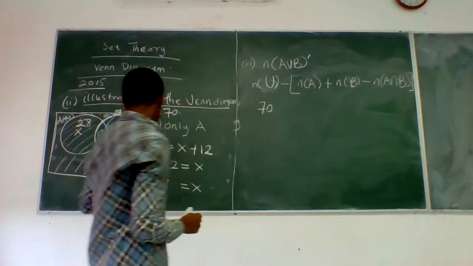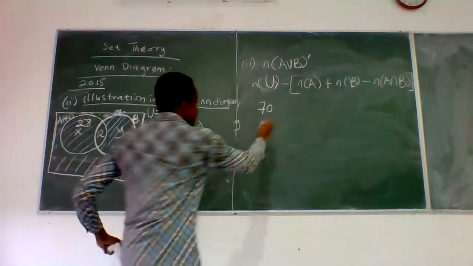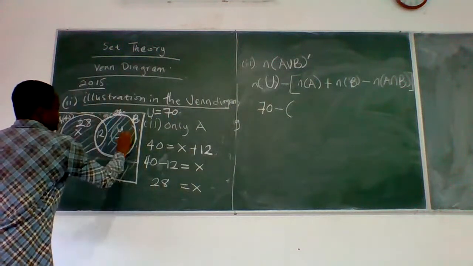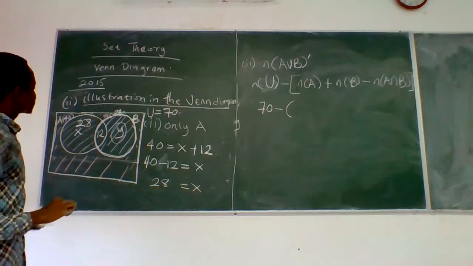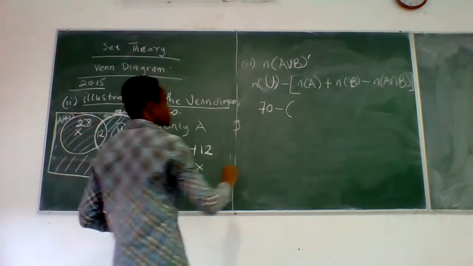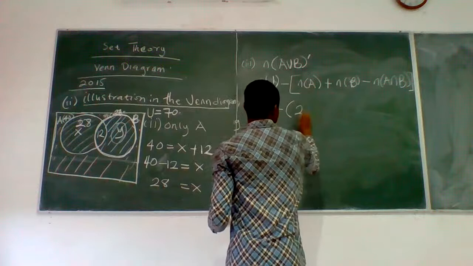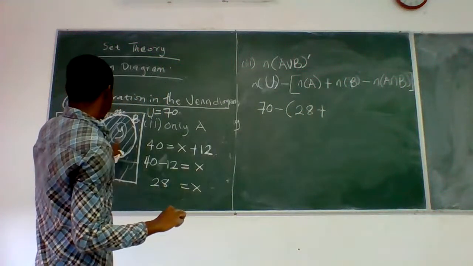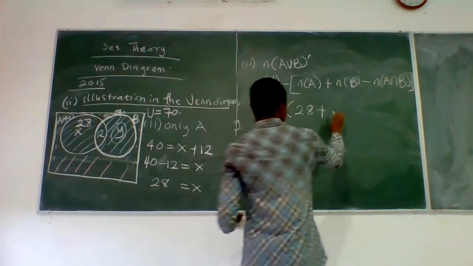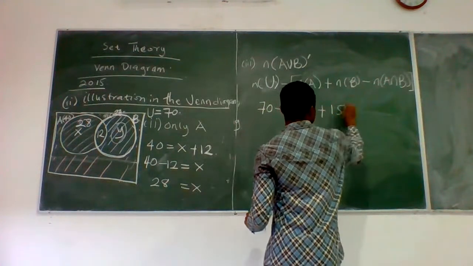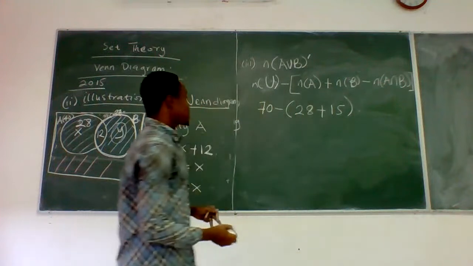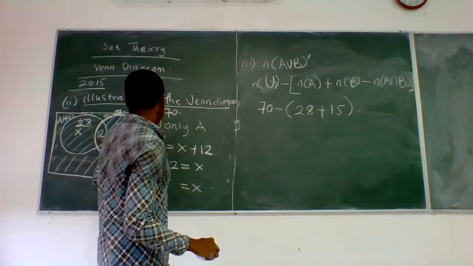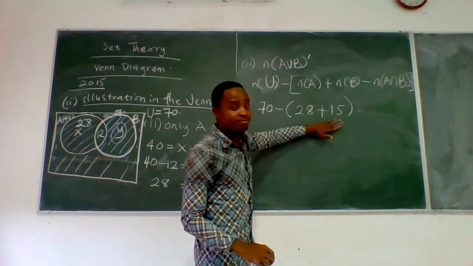So with our scenario, you add the number of students in A only, which is 28, plus the number of students in B only, which is 15. We add 15 because this one has been taken care of. We've subtracted 12 from it already, so that's why we jump to this level.